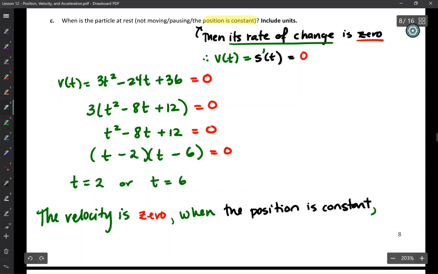And in this case, it's at t equals 2 seconds and t equals 6 seconds.